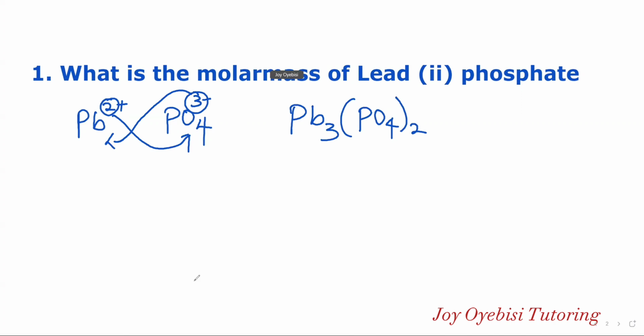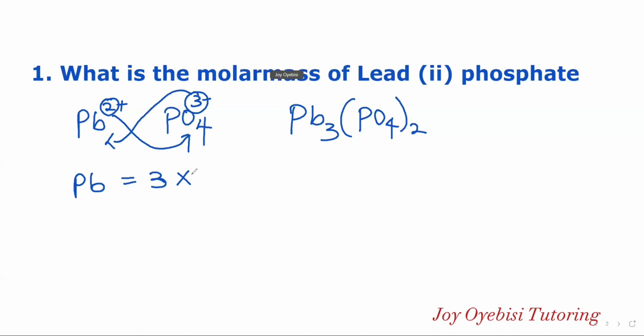Now to write the molar mass, start by writing out the individual elements involved. We have 3 lead, multiply that 3 by the mass of the lead. Lead has a mass from the periodic table, okay? So look for lead. Lead has a mass of 207.2.